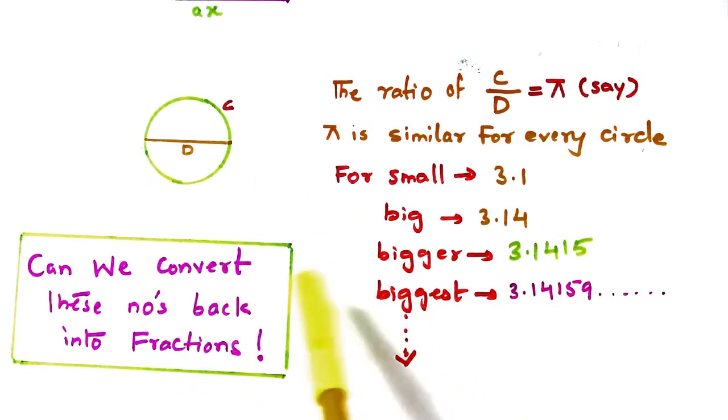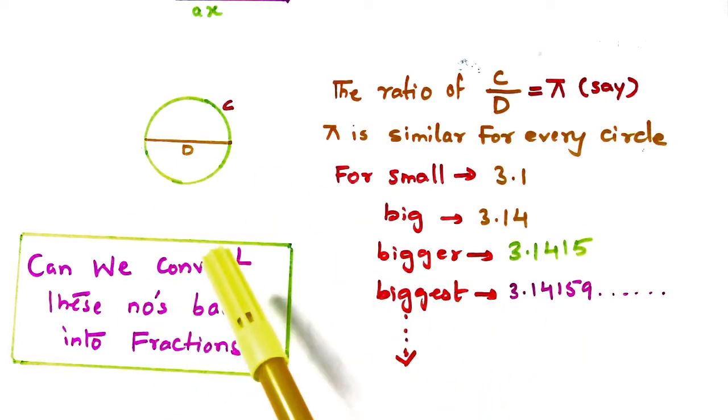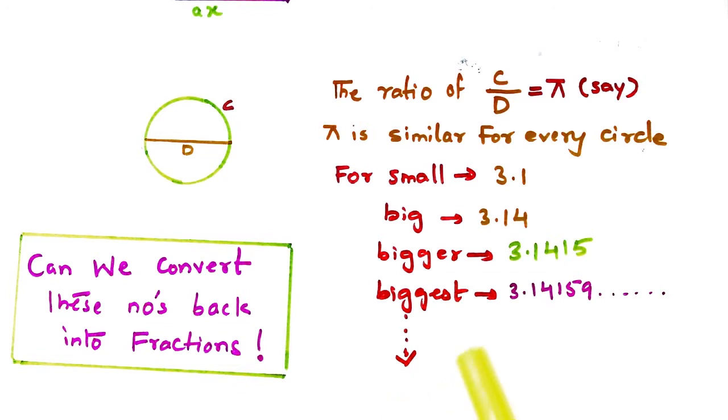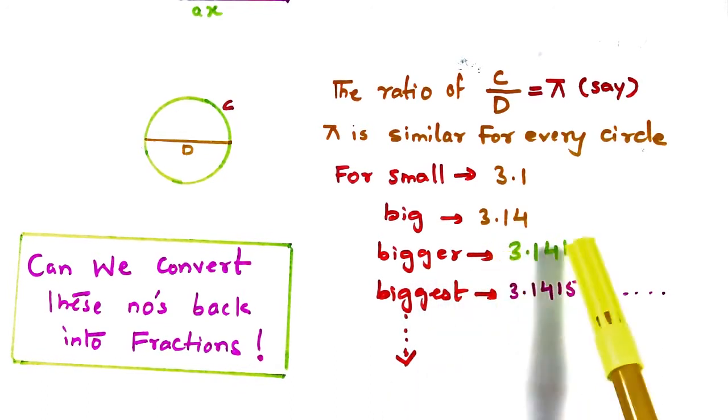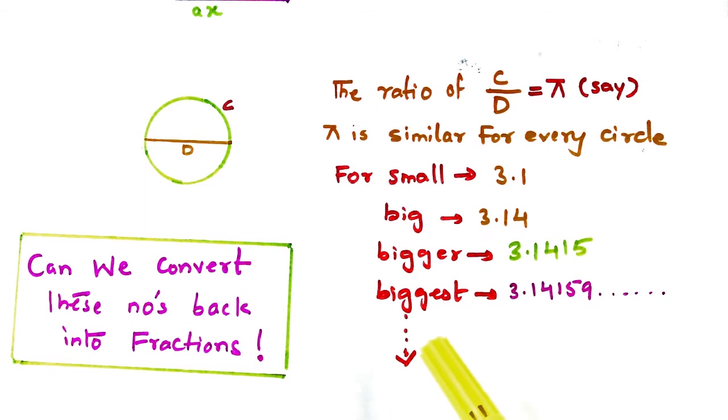If you have a bigger circle with a bigger diameter, bigger circumference, you get more precision in measurement. You get 3.14. If you keep on doing that, at the end you might get something more precise and never ending.